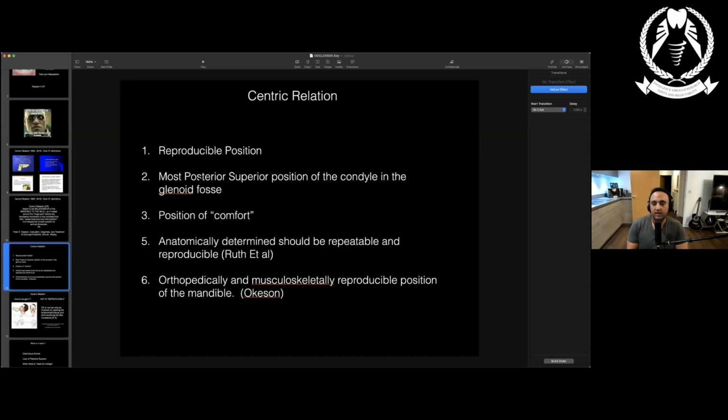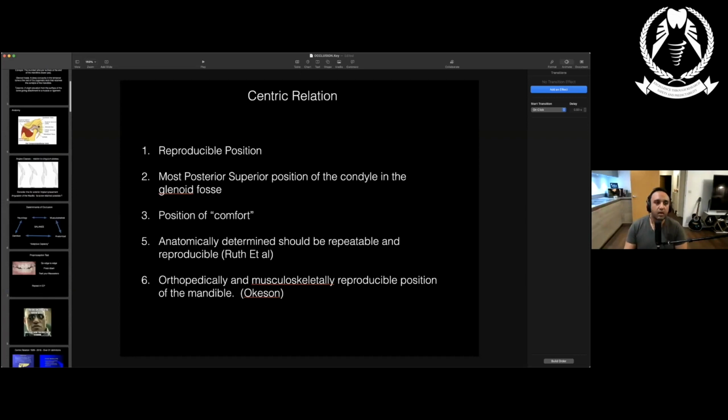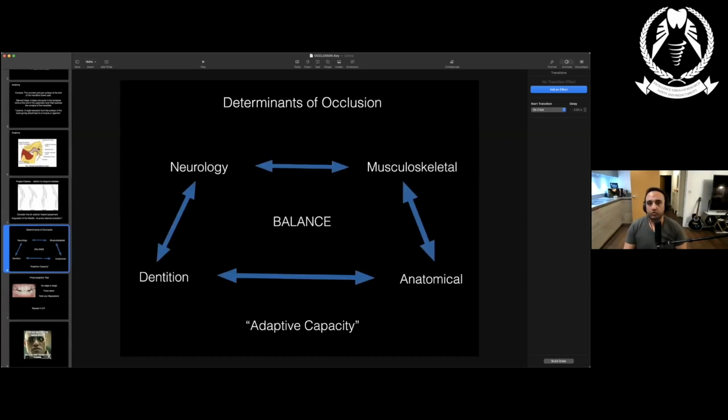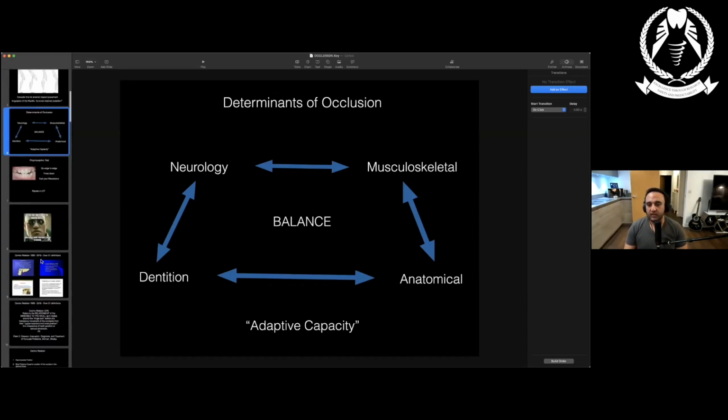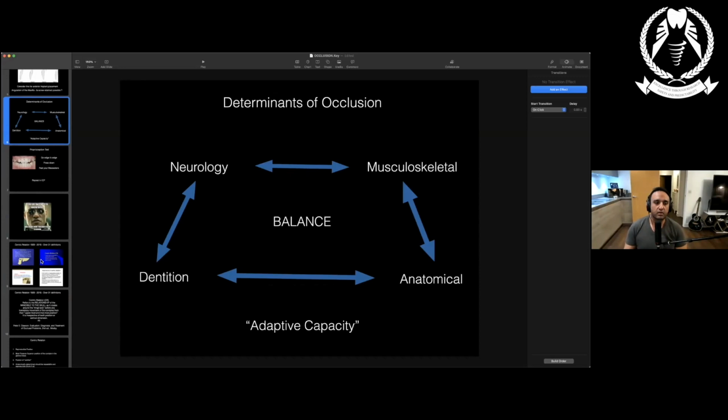That's the main thing, that the patient can keep on going into that same position. And that's orthopedically and musculoskeletally, because going back, we've got to always think about the balance: the neurology, the musculoskeletal, the anatomical, the dentition and the adaptive capability of your patients when it comes to occlusion itself.